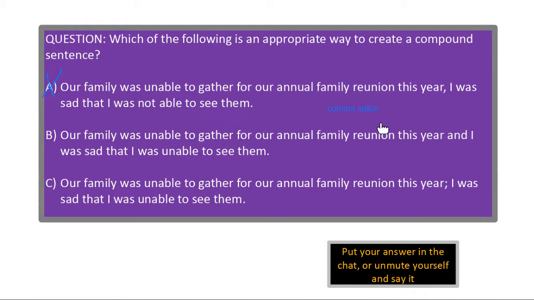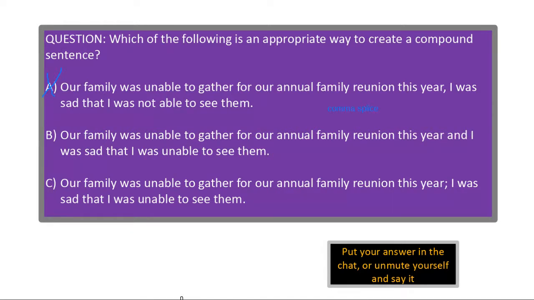I'm going to look to the left of it. Our family was unable to gather for our annual family reunion this year. That could stand alone by itself. I'm going to look to the right of it. I was sad that I was unable to see them. That could stand alone. So I know that this "and" is acting as the glue that is combining these two independent clauses.